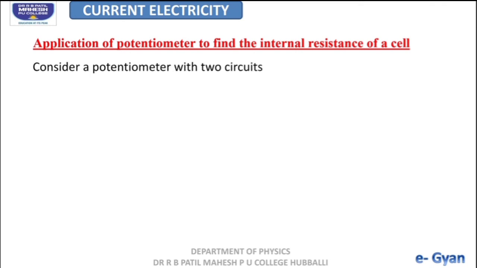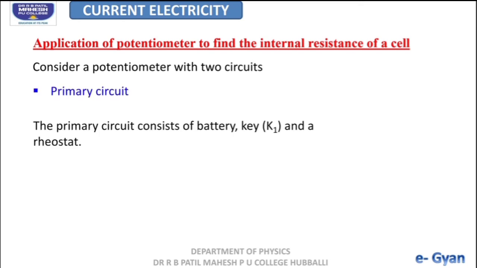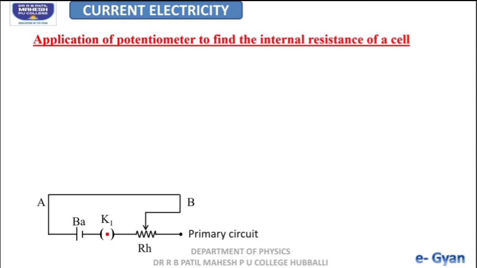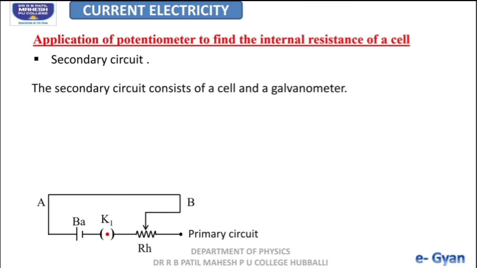Again this circuit consists of two sub-circuits. One is the primary circuit. It consists of a battery, key and rheostat. The key is named K1. The secondary circuit consists of a cell and a galvanometer, and this circuit is called the secondary circuit.